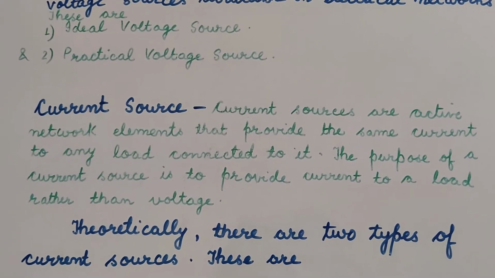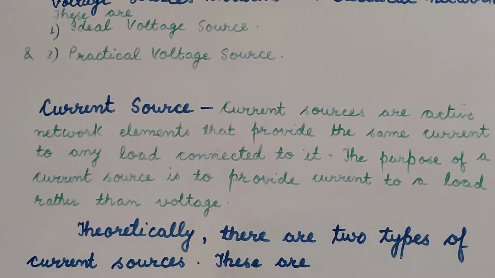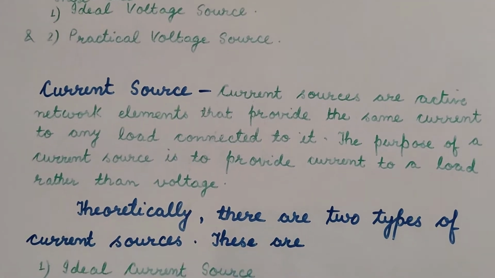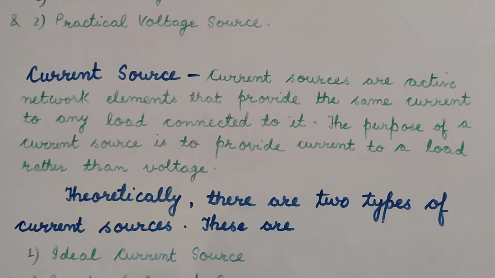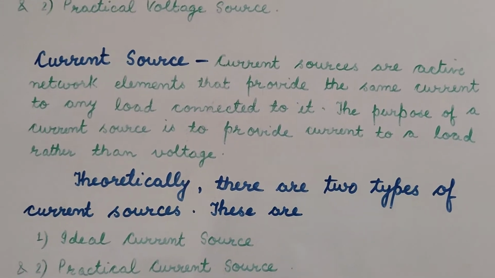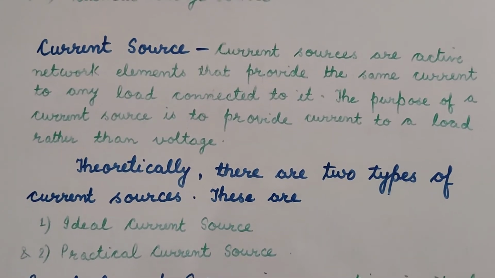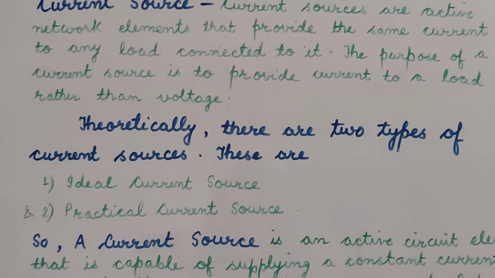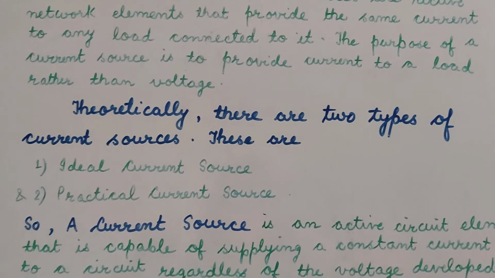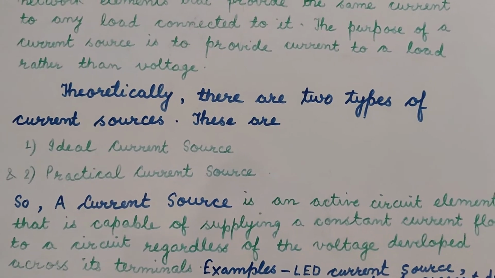Or we can say that the purpose of a current source is to provide current to a circuit rather than voltage. And just like the voltage source, current source can also be classified into two types. The first one is the ideal current source and the second one is the practical current source.